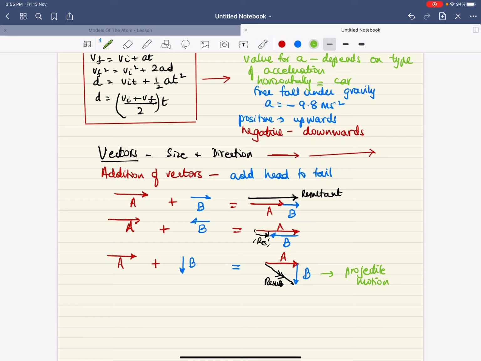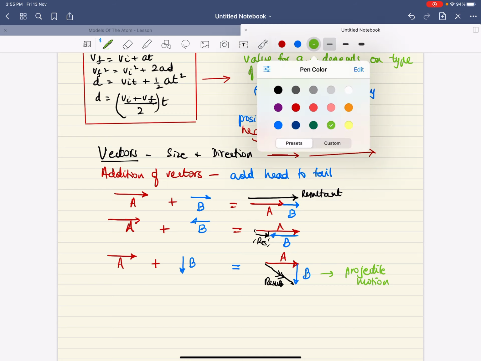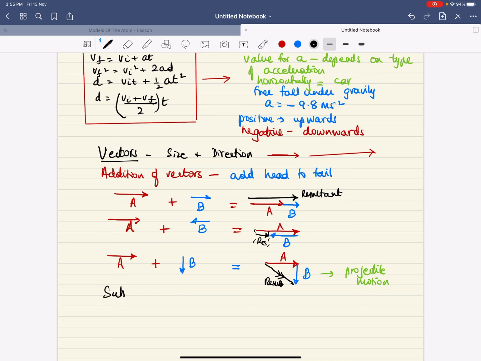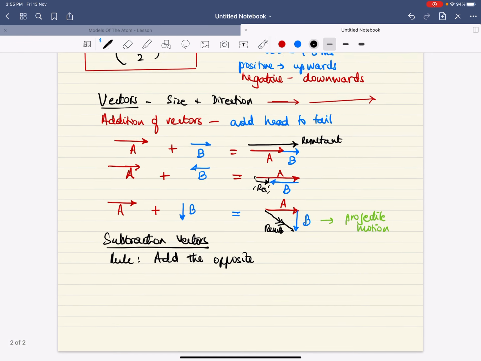Okay, the next thing is you also need to know how to subtract vectors. That was addition of vectors when you add them head to tail. For subtraction of vectors, the rule is you add the opposite. What is the meaning of add the opposite?